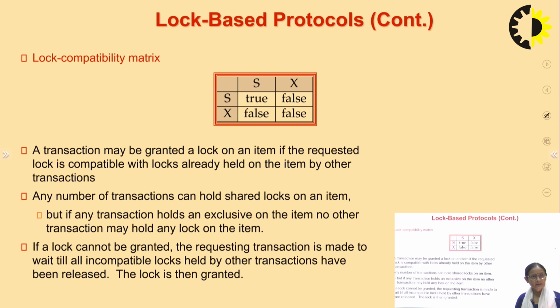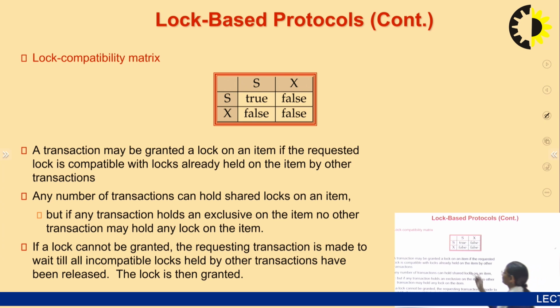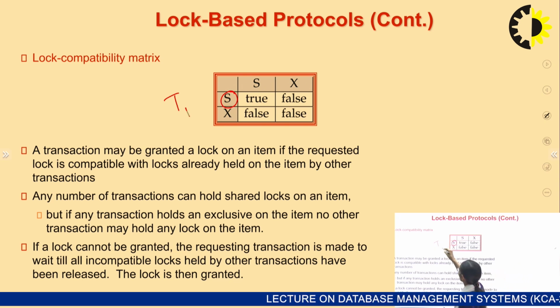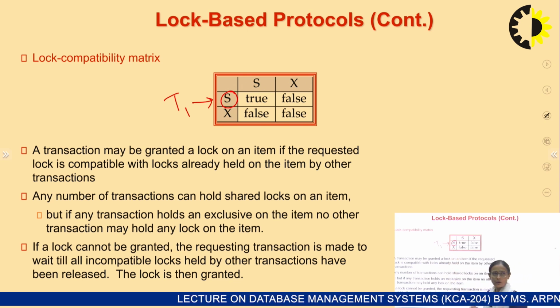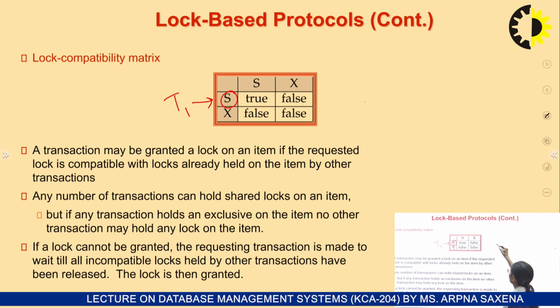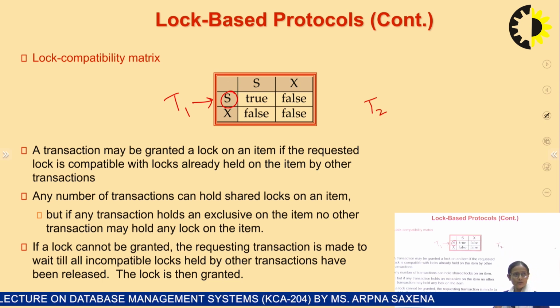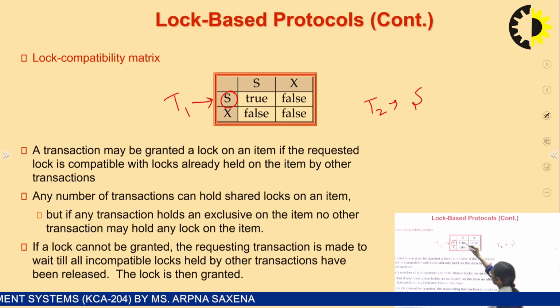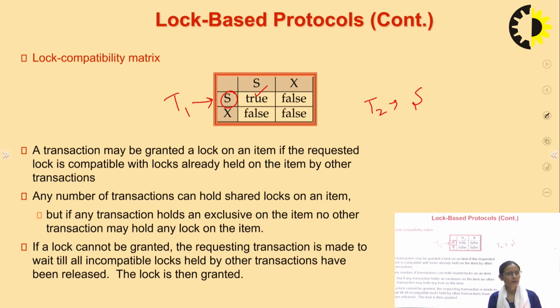Let's suppose there is a transaction T1 which has lock S. Now the T2 transaction comes into the system and demands lock S. Then according to this compatibility matrix, it would be given immediately, and transaction T2 doesn't need to wait.